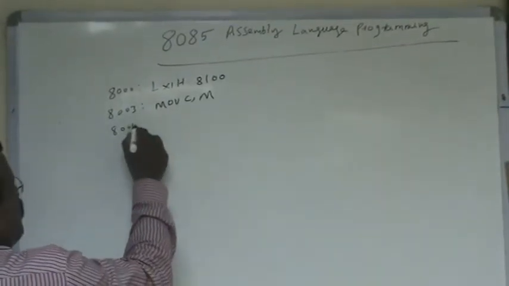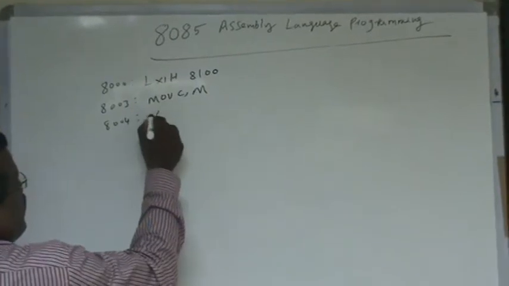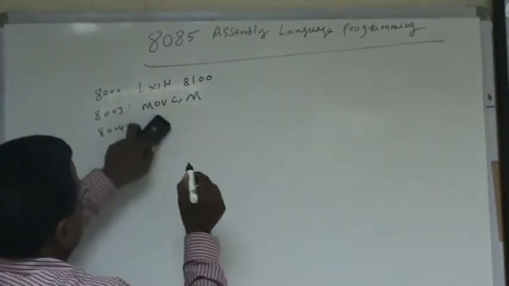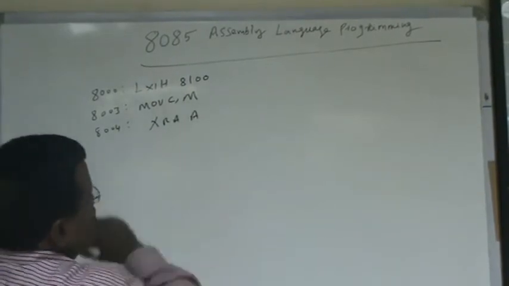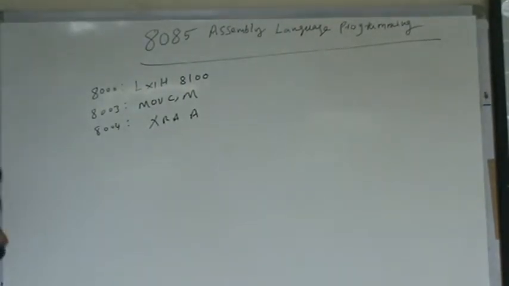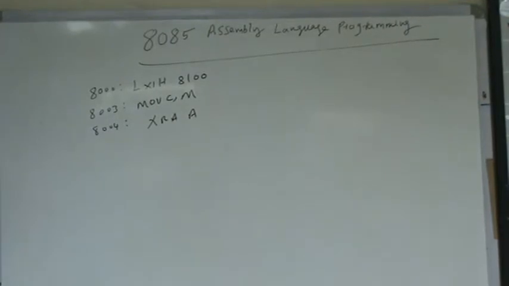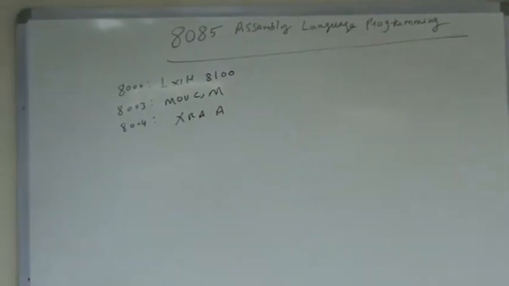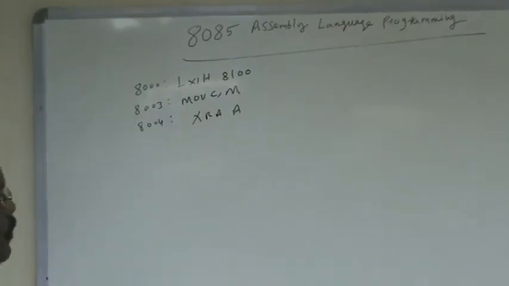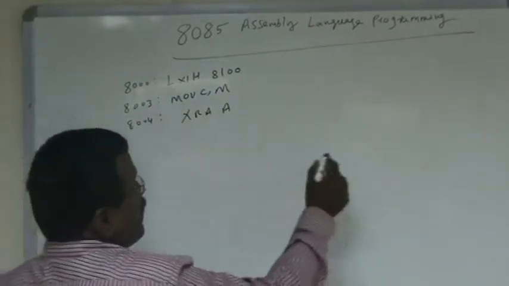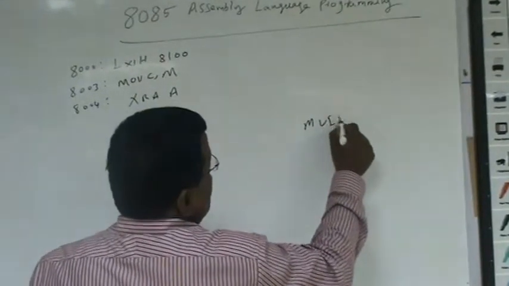Now 8004, I am clearing the accumulator. For clearing the accumulator, XRA A is the instruction: exclusive OR the content of the accumulator with the accumulator. As far as the exclusive OR gate is concerned, if the inputs are the same, the output is 0, so obviously the result will be 0. Another instruction used for clearing the accumulator is MVI A, 00.